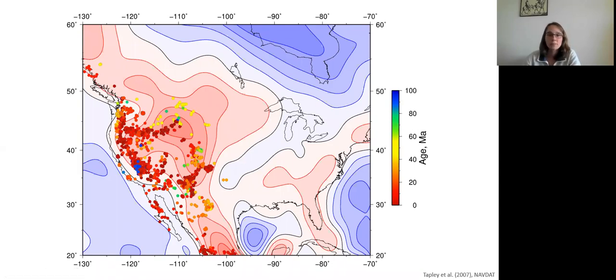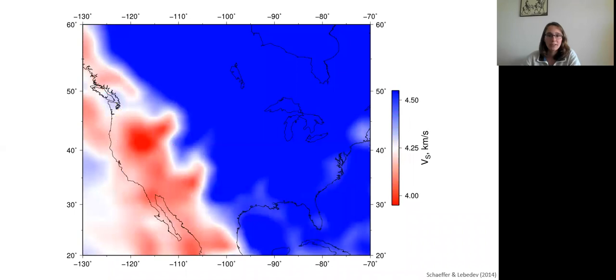So the obvious place to look if you're looking at the mantle is at seismic tomography. So this is a slice through a shear wave velocity model from Schaefer and Lebedev 2014 at 100 kilometers depth. And in the blue colors, you're seeing the very fast velocities of cratonic North America, so a very thick lithospheric root.